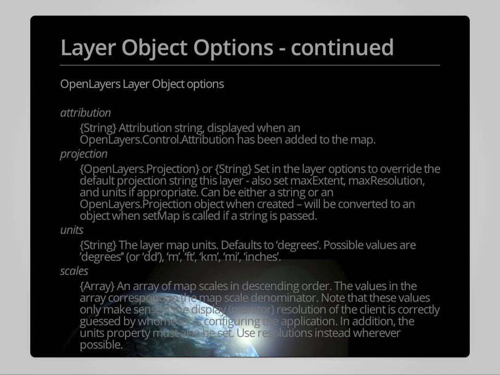You can also set a series of map scales where these values relate to, again, the map scale denominator. 1 to 10,000, 1 to 24,000, 1 to 100,000. So those would be 10,000, 24,000, or 100,000. And this relates to the information being displayed to the user.